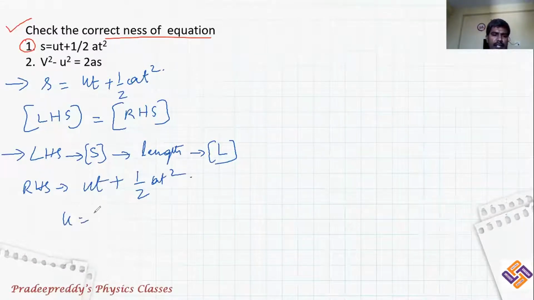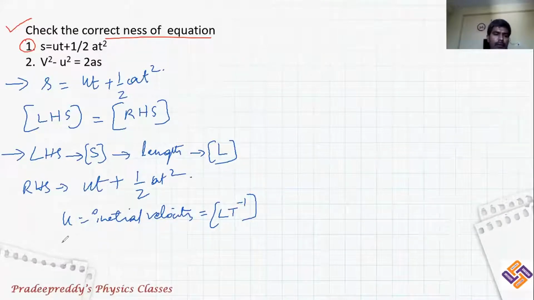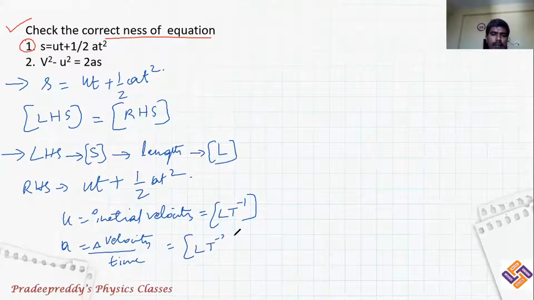U is velocity, initial velocity. Velocity is length by time, so it is L t power minus 1. And what about acceleration? Acceleration is change in velocity divided by time. This is equal to L t power minus 2. Acceleration dimensions are L t power minus 2. Velocity dimensions are L t power minus 1.